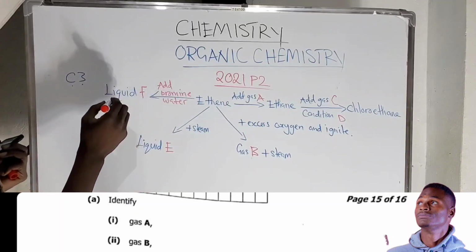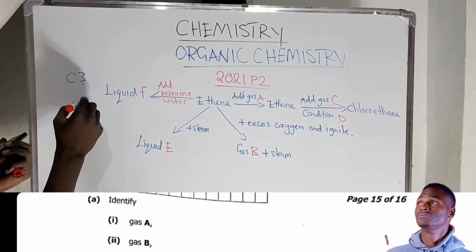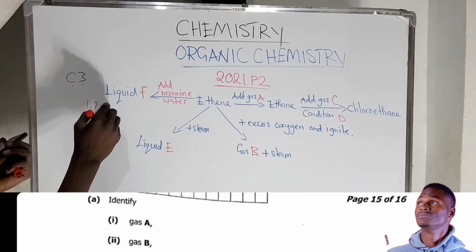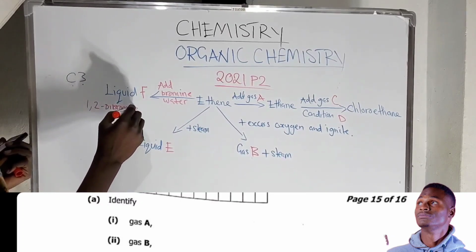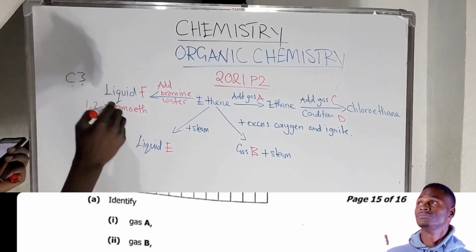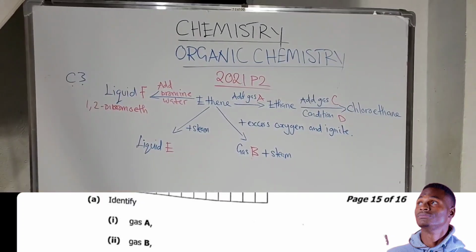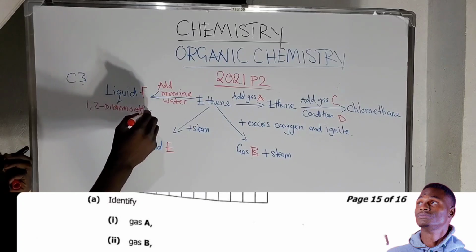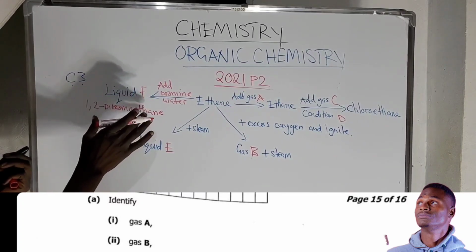The name of the liquid that is formed is a little bit tricky. It is 1,2-dibromoethane.